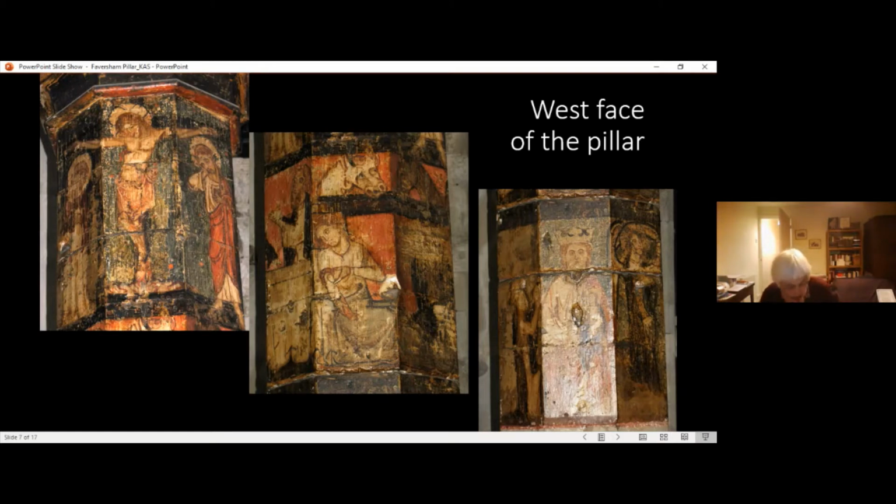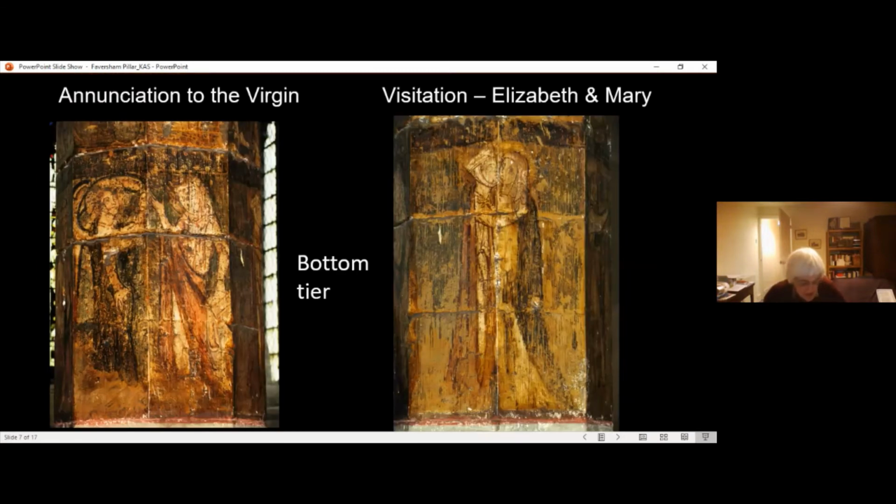So if we're thinking about lines of sight, which is where I want to start, you can see here we're on the bottom tier. And if we start with the Annunciation to the Virgin, we have Gabriel who faces Mary. And I think predominantly you're to see this as a self-contained unit.